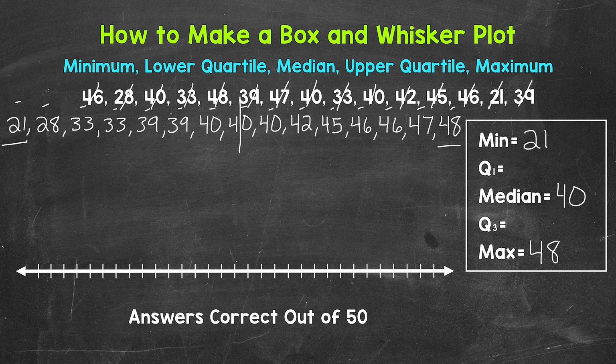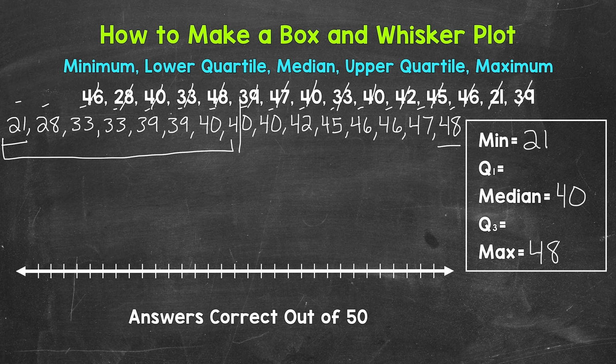Let's start with the first quartile, also called the lower quartile. This is the 25% or 1/4 point within the data, the 25th percentile. The first quartile is going to be the median or halfway point of the lower half of the data. So let's look at the lower half here.